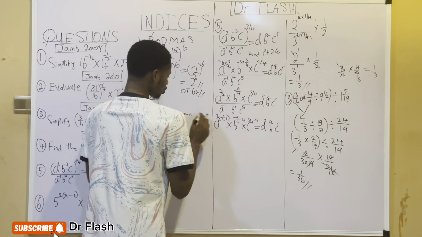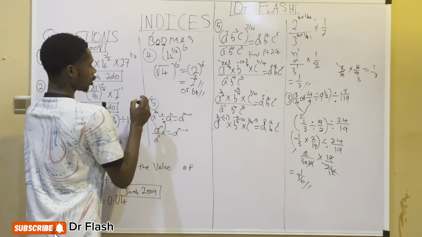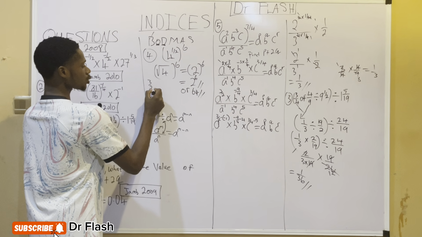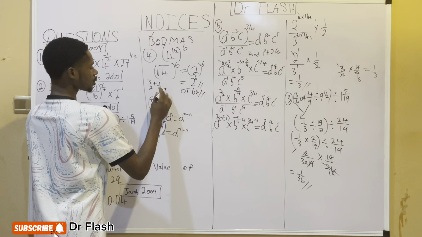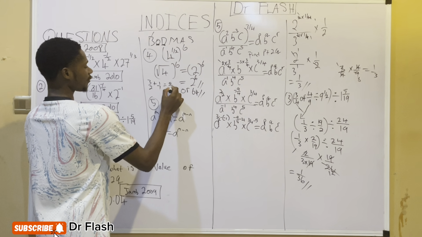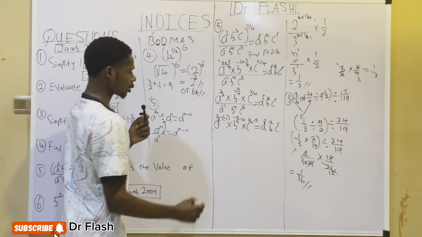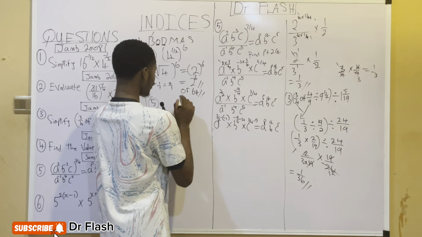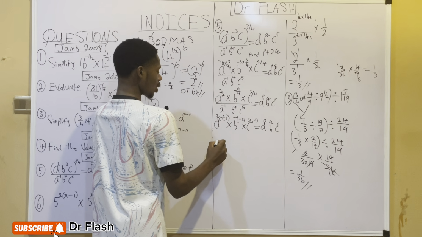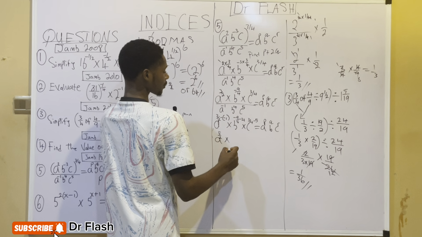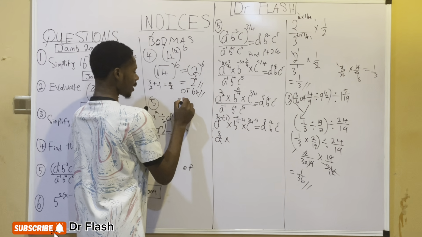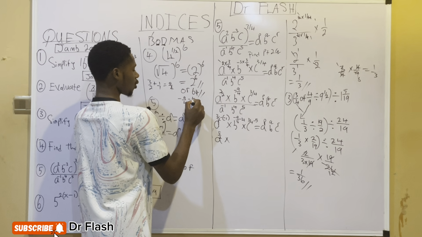This simplifies to, now, when you solve 3 over 2, minus times minus is plus 1. This simply becomes 5 over 2 rather. We're going to have a to the power of 5 over 2 times, okay, to simplify that, minus 9 over 4 minus 4 over 1.